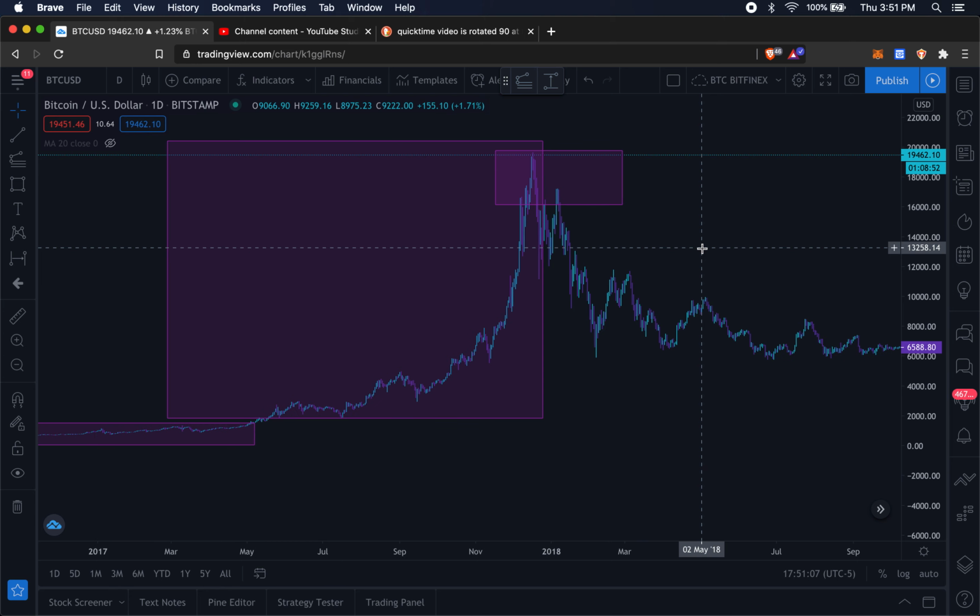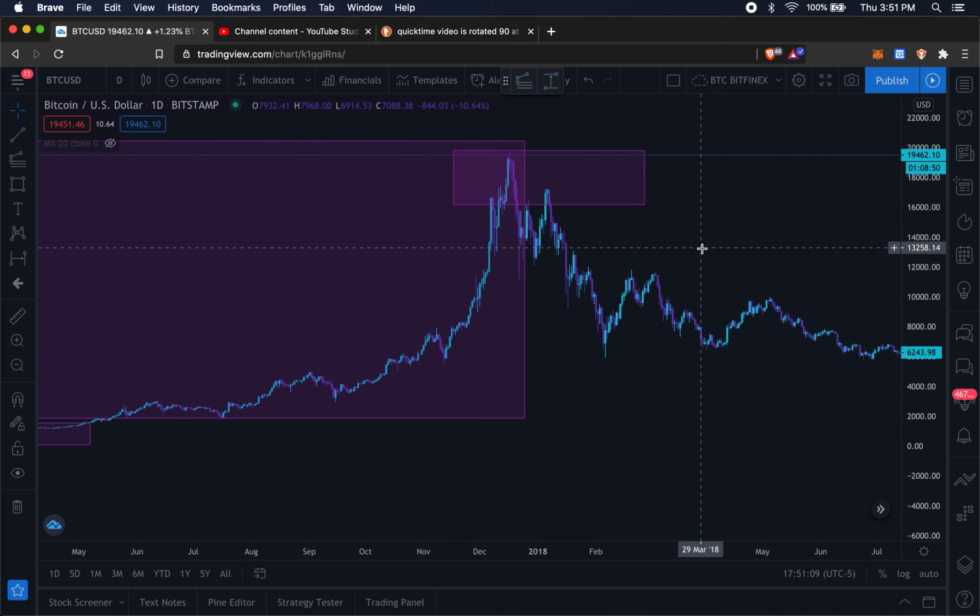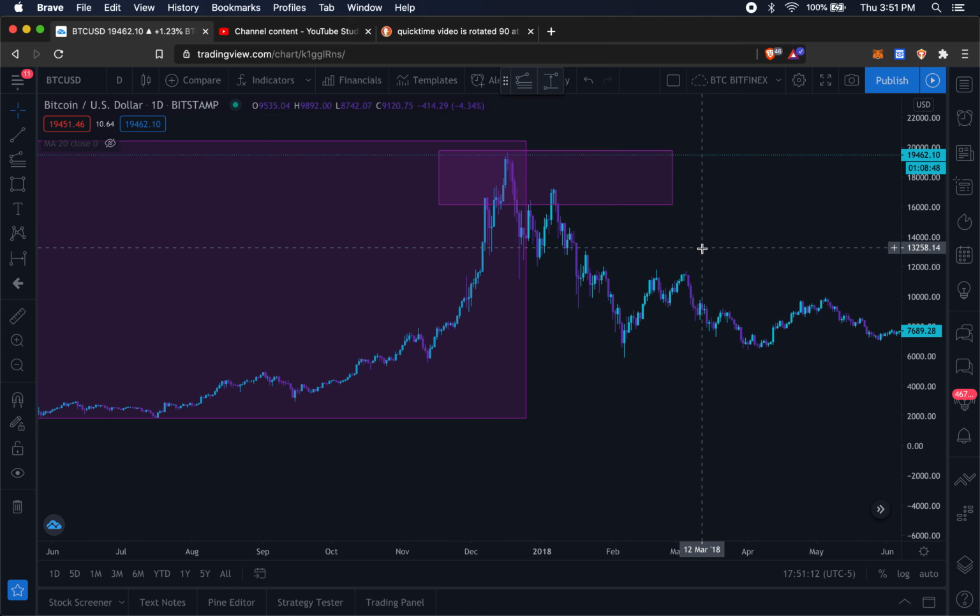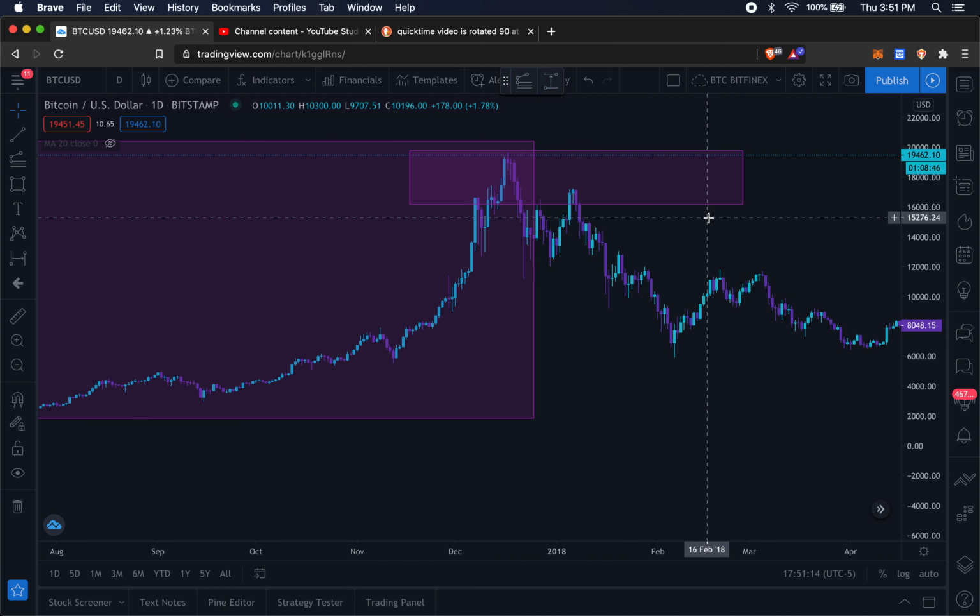The thing about Bitcoin is it doesn't give you a lot of time to sell. These blow-off tops happen really quickly. If you wanted to nail the exact top here at 20K, you pretty much had a day or two, and that was it.